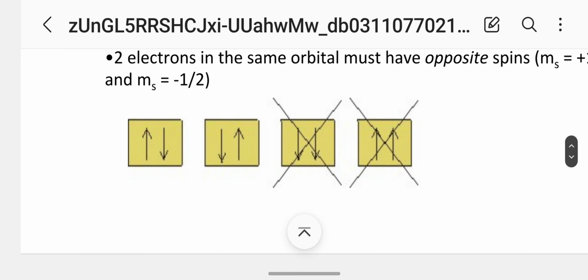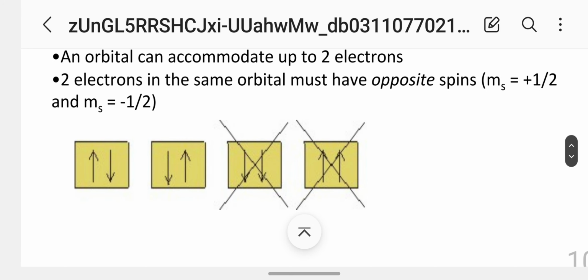The other conclusion from the definition of the Pauli exclusion principle is that the two electrons in the same orbital must have opposite spins, the spin quantum number, positive sign and negative sign expressing two types of quantum numbers, which means one spin will be upward and the other will be downward. If one spin is downward, the other will be upward, vice versa.